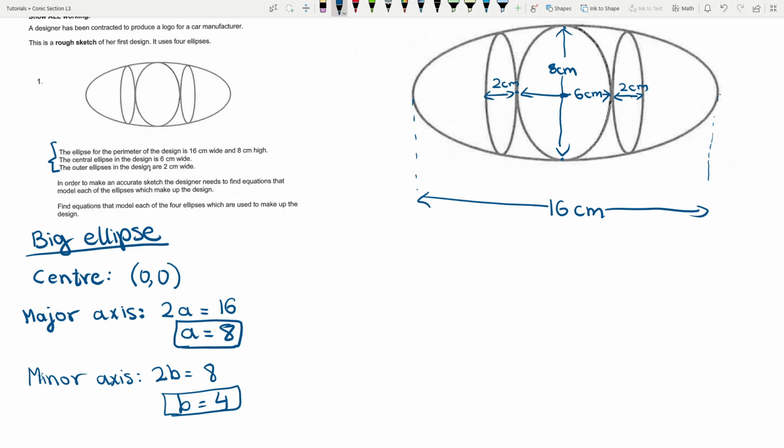And remember this equation, it's x squared over a squared plus y squared over b squared equals, it always equals to 1. And then we just plug in the a and b values, right?